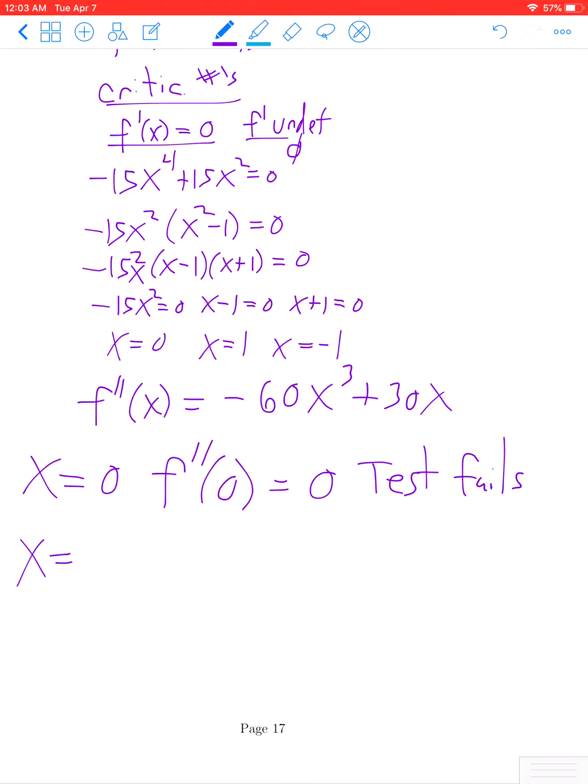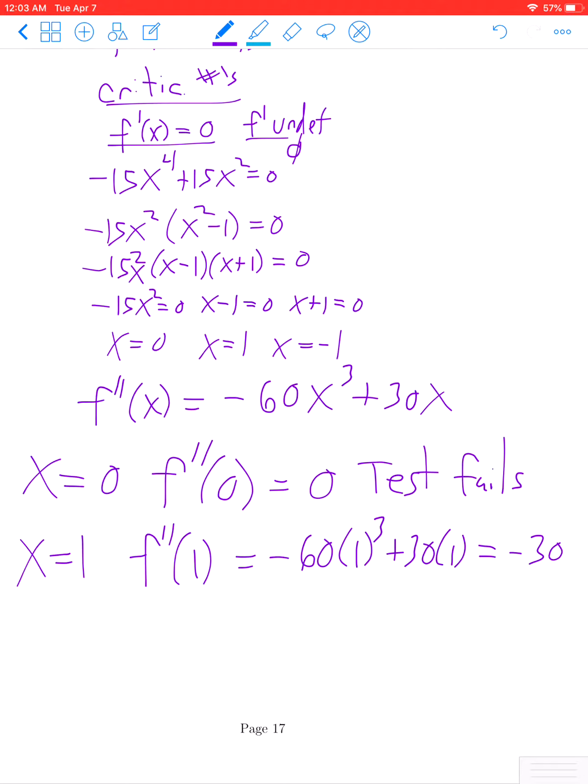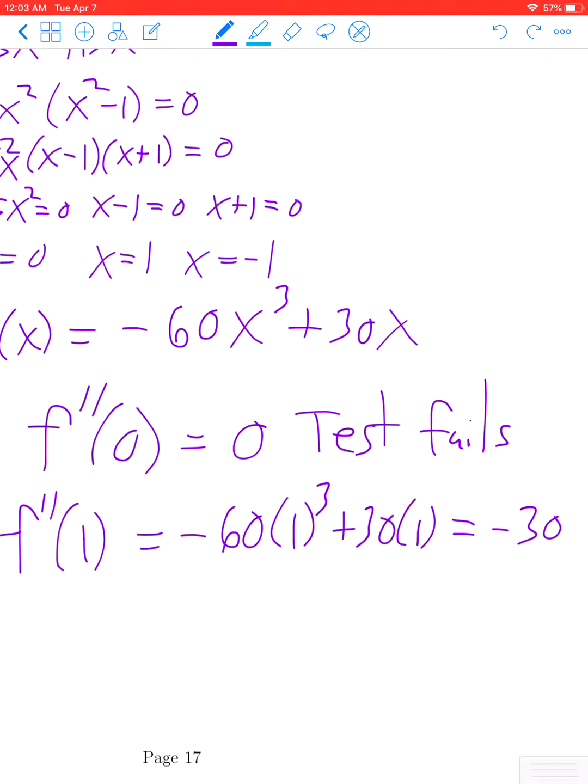If we look at x equals 1, if I plug this into the second derivative, f double prime of 1 would be equal to negative 60 times 1 cubed plus 30 times 1, which works out to be negative 30. So at that critical number, the second derivative is negative.